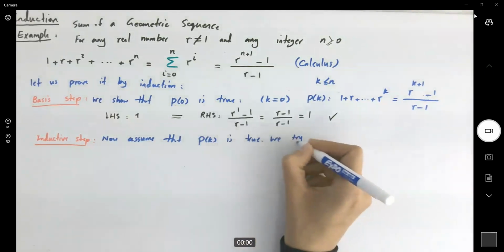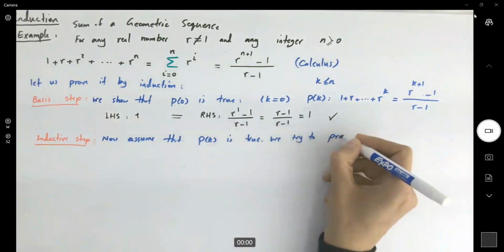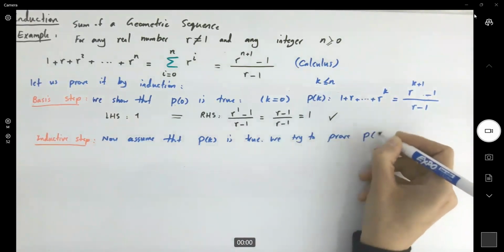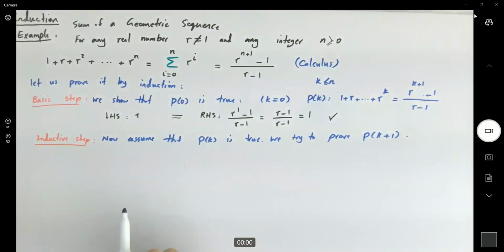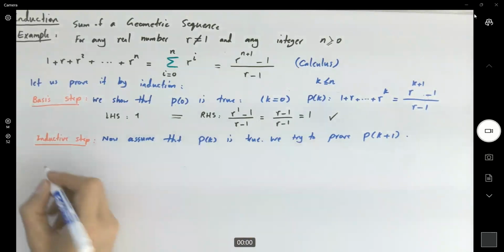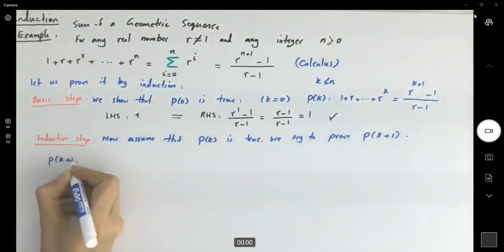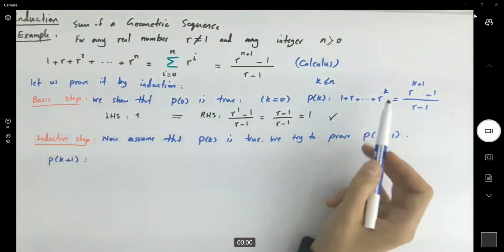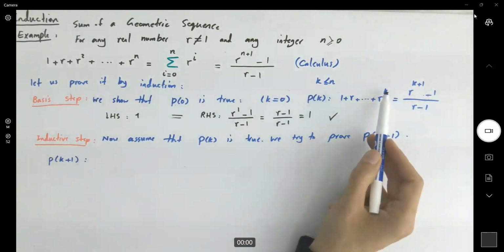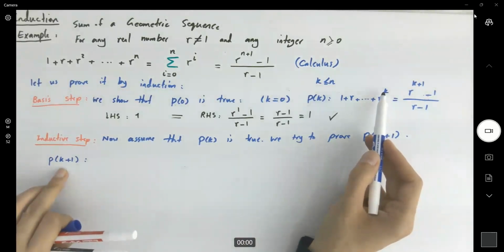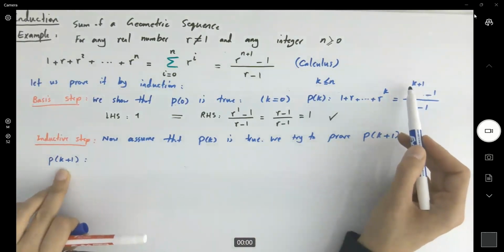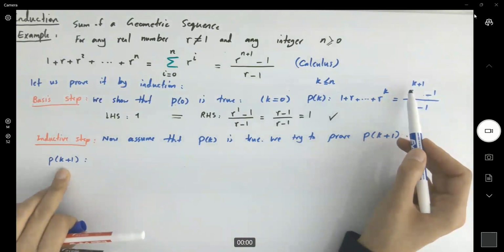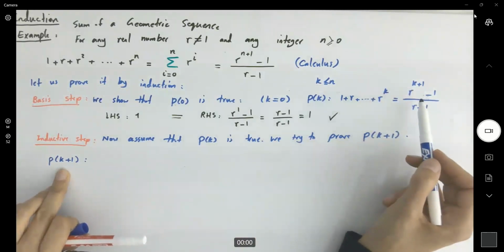We try to prove Pk plus 1, assuming that Pk is true. So what is Pk plus 1? It says, if I change this to k plus 1, everywhere that you see k, you're going to replace that by k plus 1. The left-hand side and right-hand side are equal to each other.